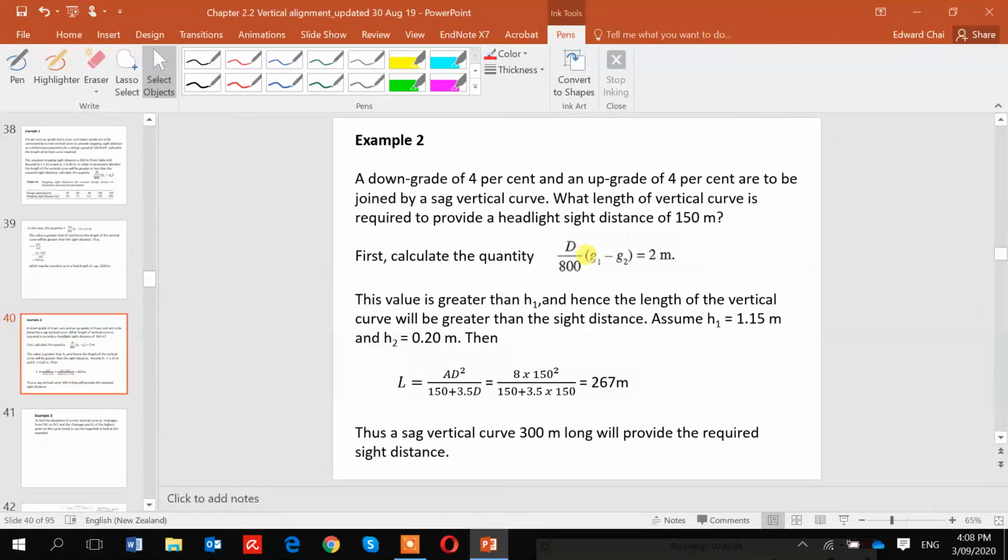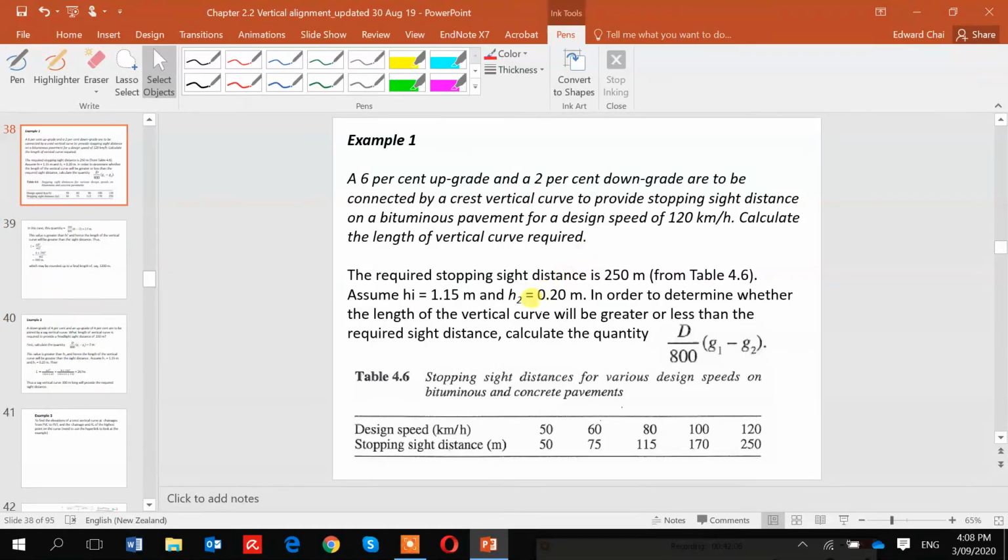This one is a sag curve. So this one is a crest curve, 6% up and then 2% down.